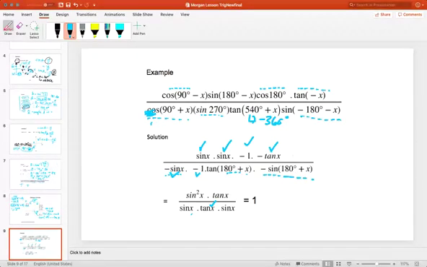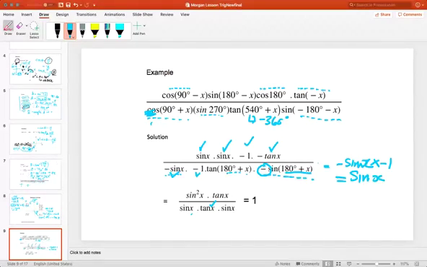We took the negative out there. So negative times a negative. What we're saying there is sine 180 plus x is negative sine x. But we took out a negative. So we're going to multiply by negative 1, which gives us positive sine x.